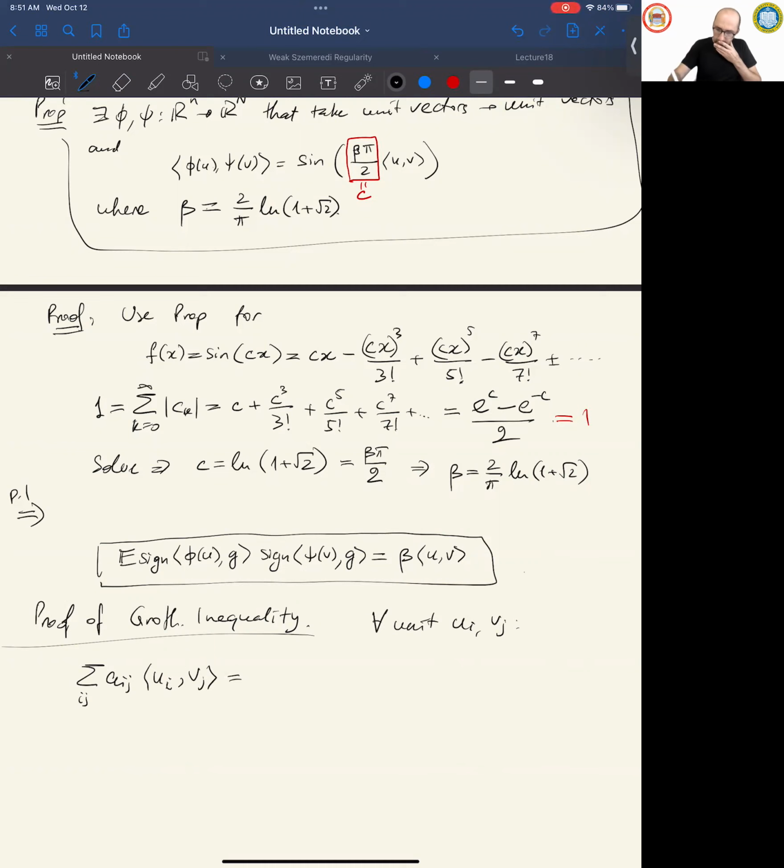Okay, cool. So we use our tool, and we realize the inner product as the expected value of the sign of phi of ui, g, times the sign of psi of vj, g. g is a normal random vector.